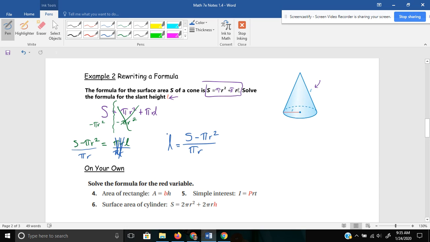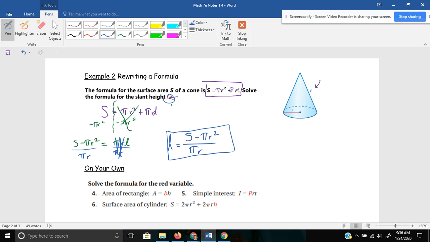And there is my confusing formula rewritten for my slant height. All right. If you were to Google the slant height of a cone, you would find a formula that's similar to this.